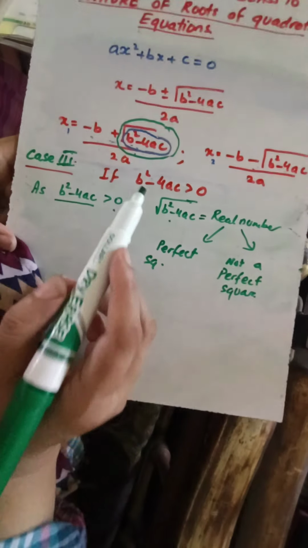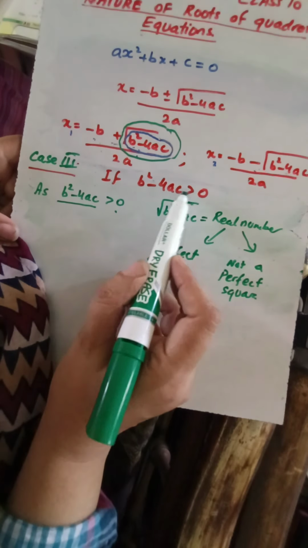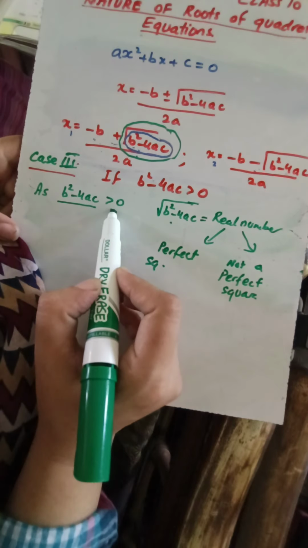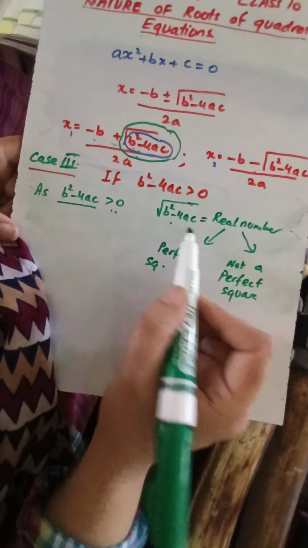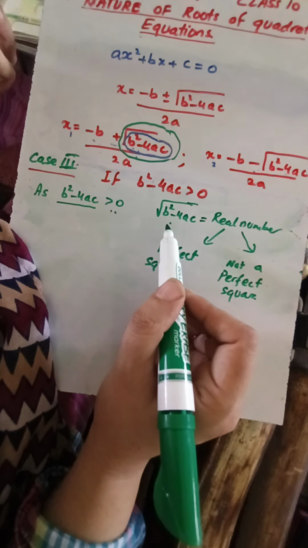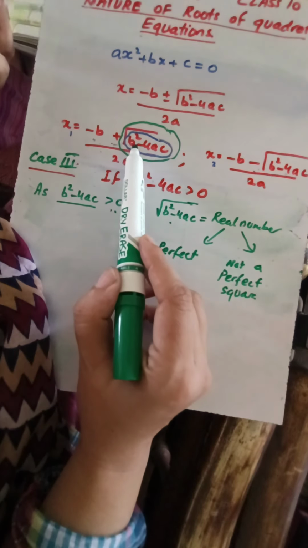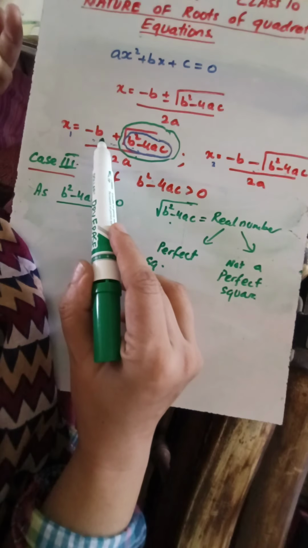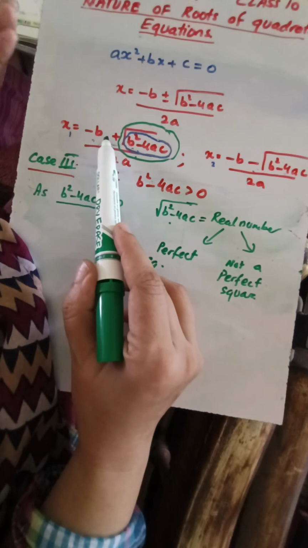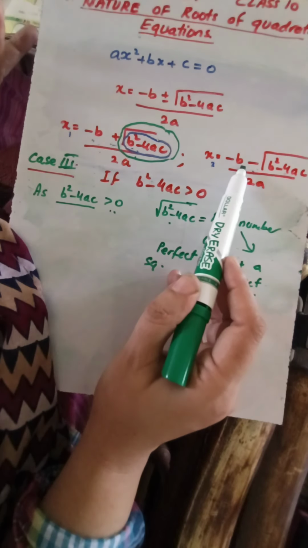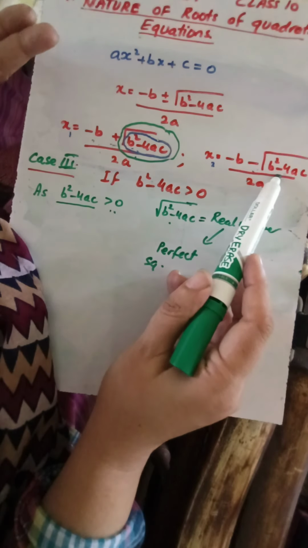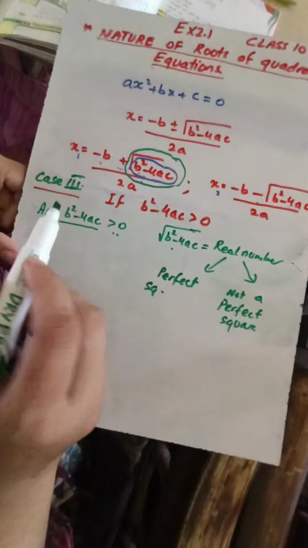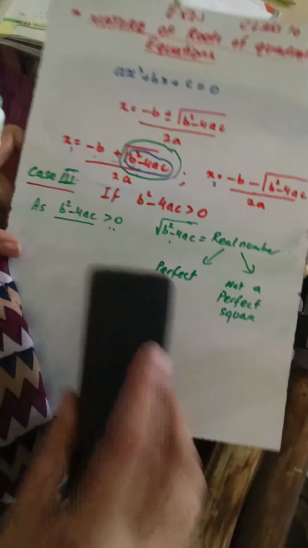So as b square minus 4ac is greater than 0, its root will not be an imaginary number, neither can its root be equal to 0. It will be some non-zero number, and when it is added over here, it will give us an answer different from the one we get by subtracting it from negative b. Let us do an example to understand it better.